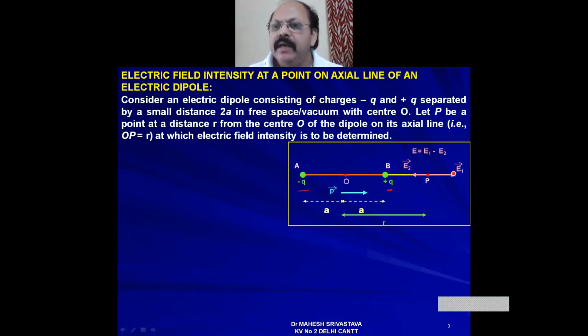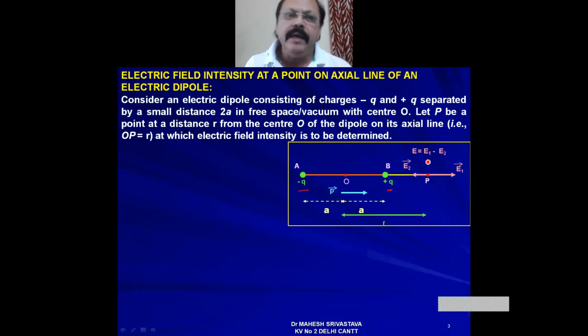So E1 is the electric field intensity at P due to plus Q charge, and E2 is the electric field intensity at P due to minus Q charge. If E1 is greater than E2, then the resultant electric field intensity is E1 minus E2.